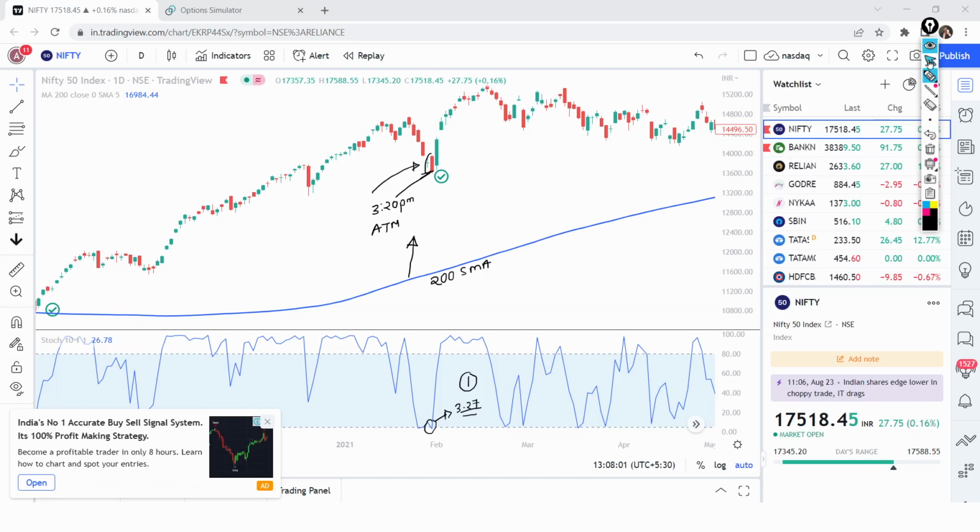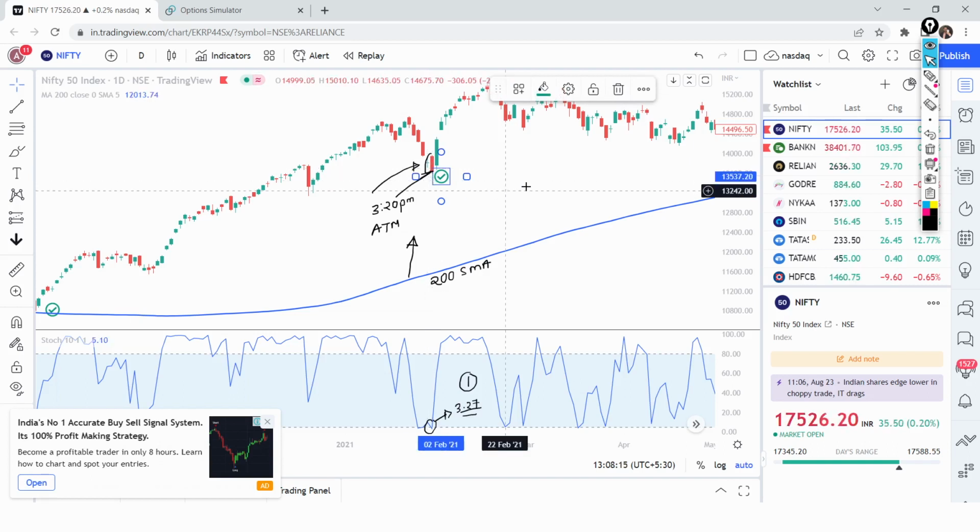So in order to understand that, let's look at what will be the at the money strike price for this. If I look at the closing price of this particular candle, it is somewhere around 13,700, right?